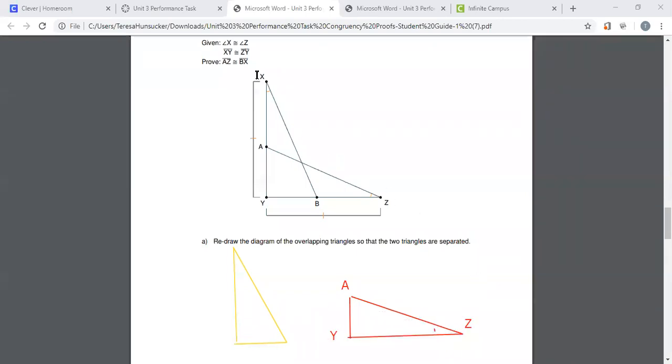I'm going to go ahead and make sure I mark angle Z with one arc. I'm thinking YZ has a mark on it, so I'm going to make a mark there.